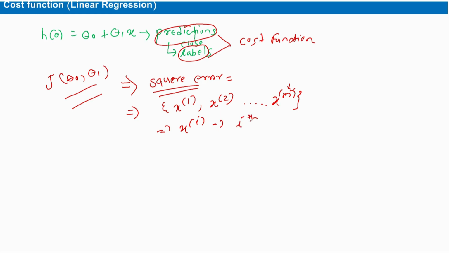In the same way, for each example we have the labels y1, y2 up to ym.